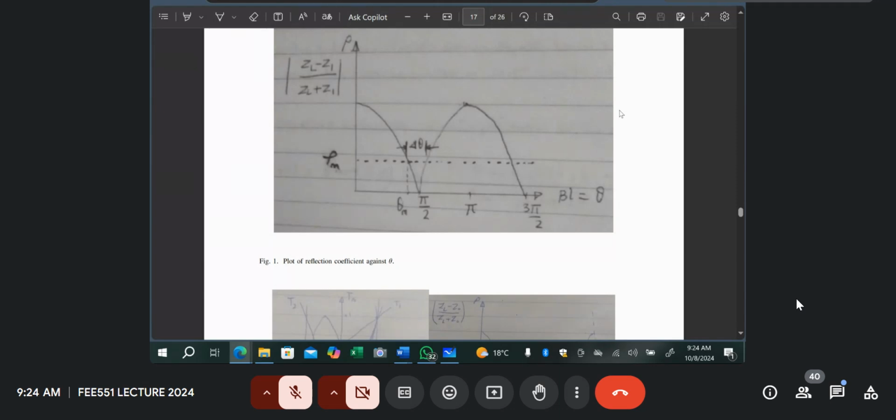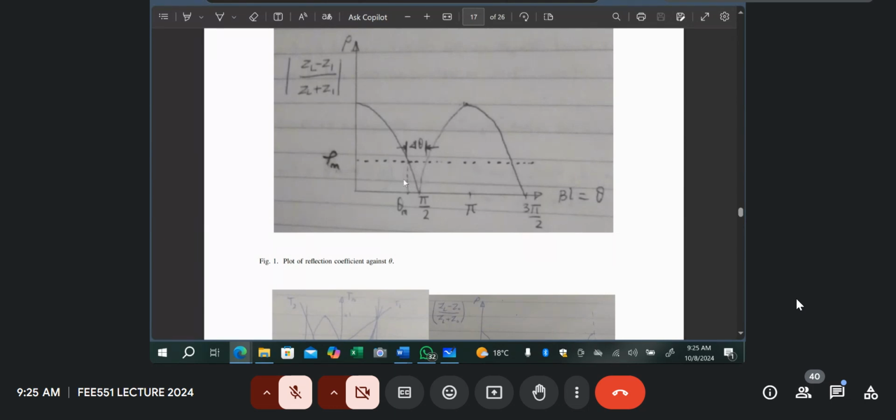So you can say that for that system, the reflection coefficient that you should not exceed is rho m. So you set it somewhere, rho m. At that point, you draw a horizontal dotted line, so that you are able to see at what point it cuts these two curves where it's going down and up.